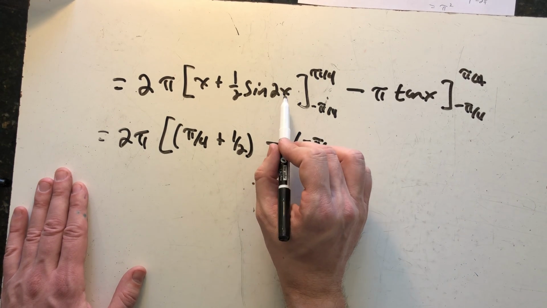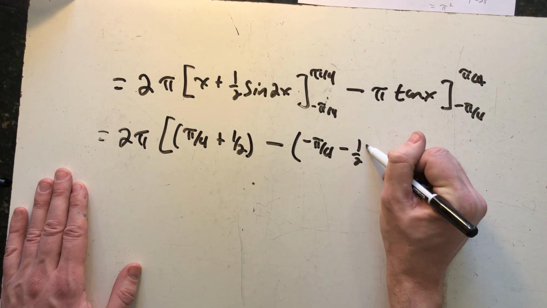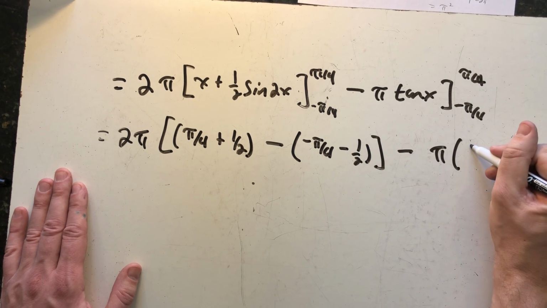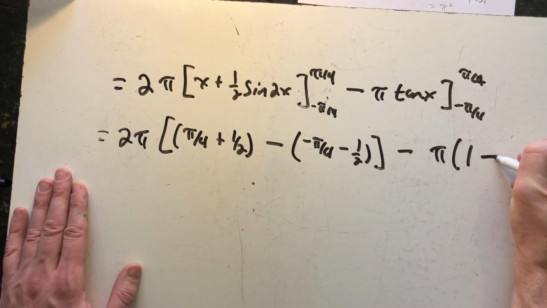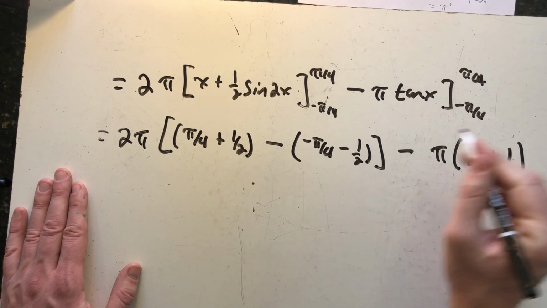And when I plug a minus pi fourths in, it's going to become a minus pi halves. I get a minus 1/2 there. Minus pi times the tangent of pi fourths is 1, minus the tangent of minus pi fourths is minus 1.